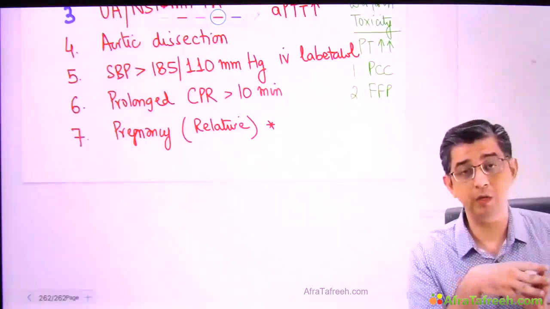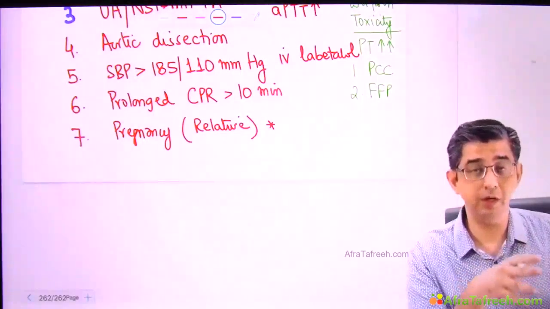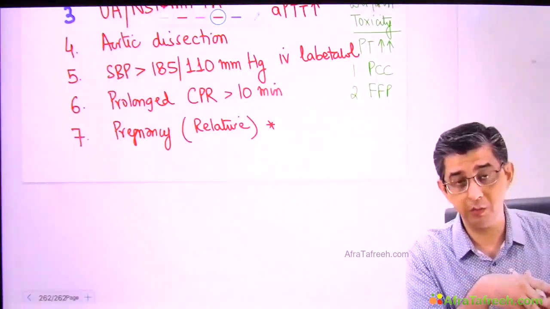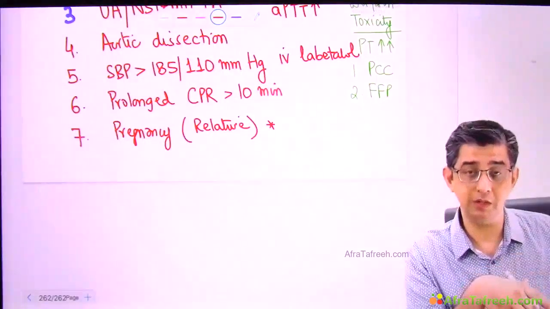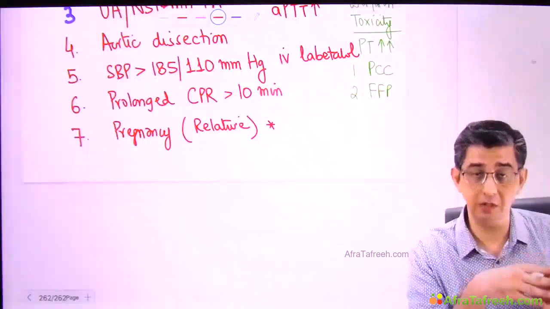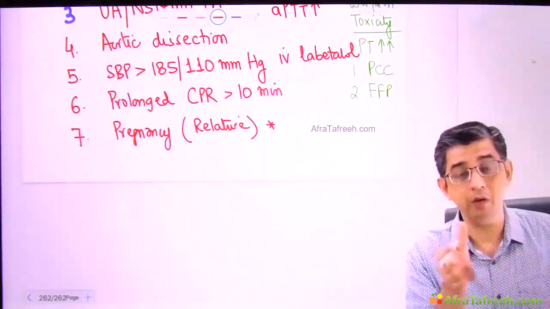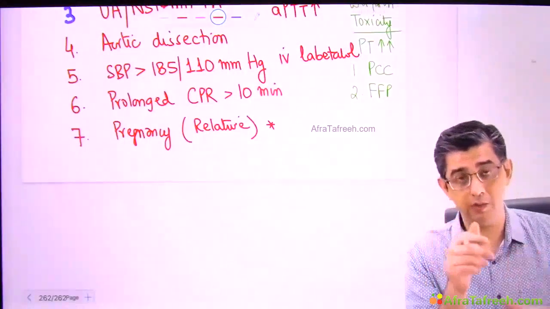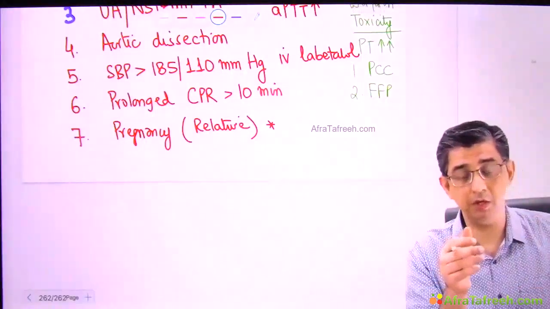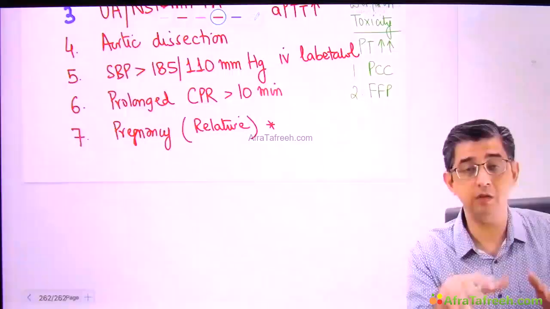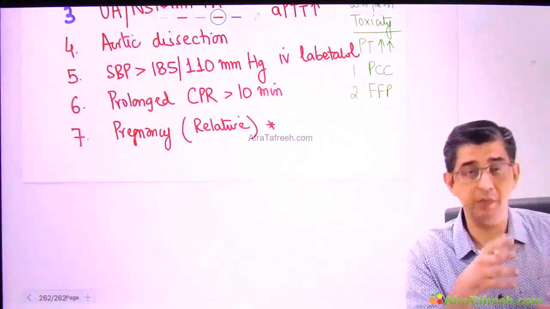Now, should I do thrombolysis in her if she comes in the window period, which is 4.5 hours for acute ischemic stroke? Yes, I should do a thrombolysis, because if she will develop neurological deficit, then she will not be able to take care of herself and she cannot take care of the baby. Suppose a lady has a hemiplegia, she cannot be expected to breastfeed the child or take care of the basic requirements of the child like changing a diaper, etc.